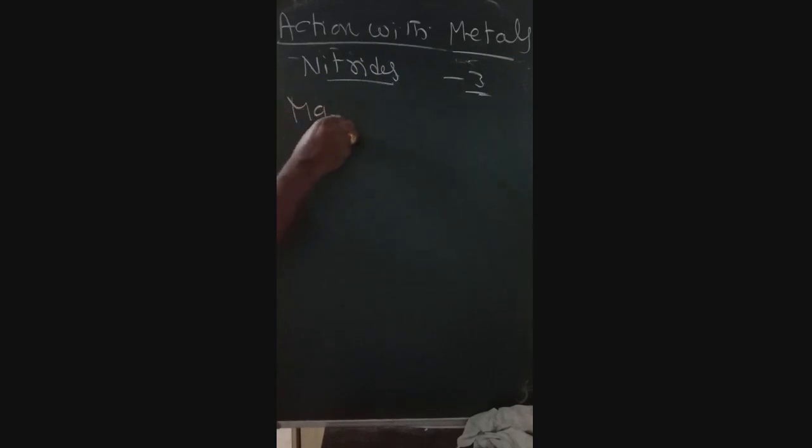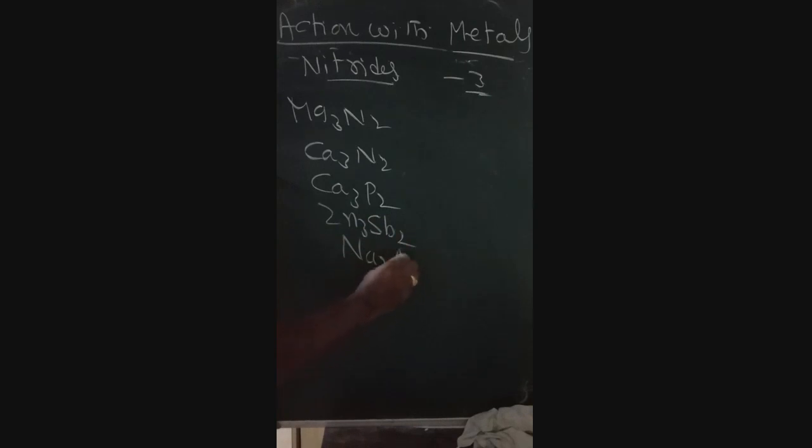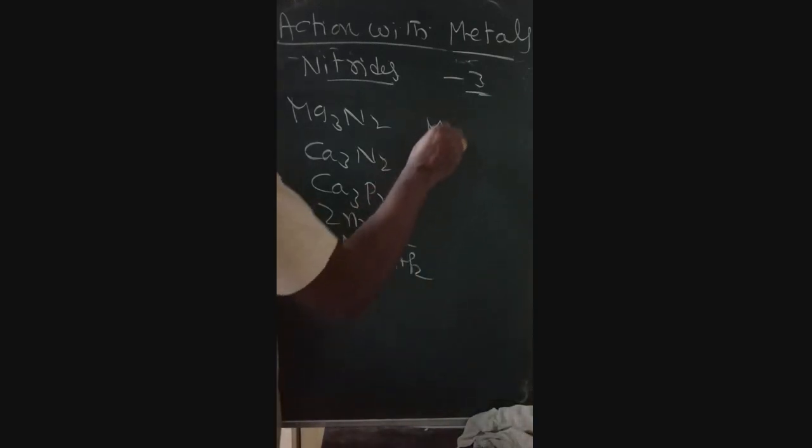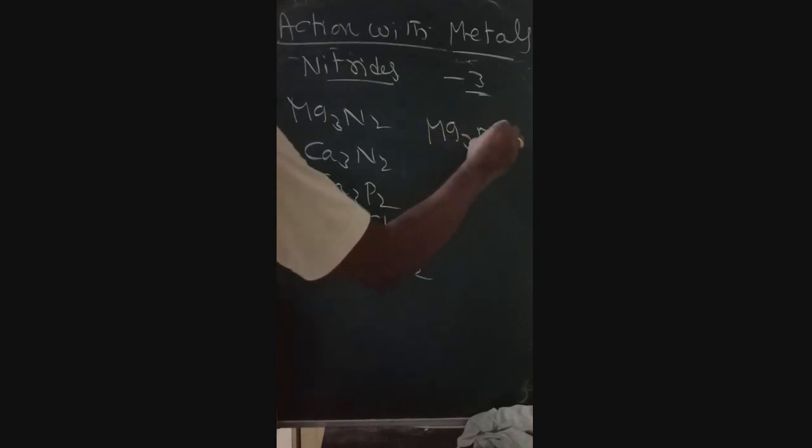Examples of compounds are Mg3N2, magnesium nitride, calcium nitride Ca3N2 and Ca3P2, Zn3Sb2, Na3 and so on, and Mg3Bi2.